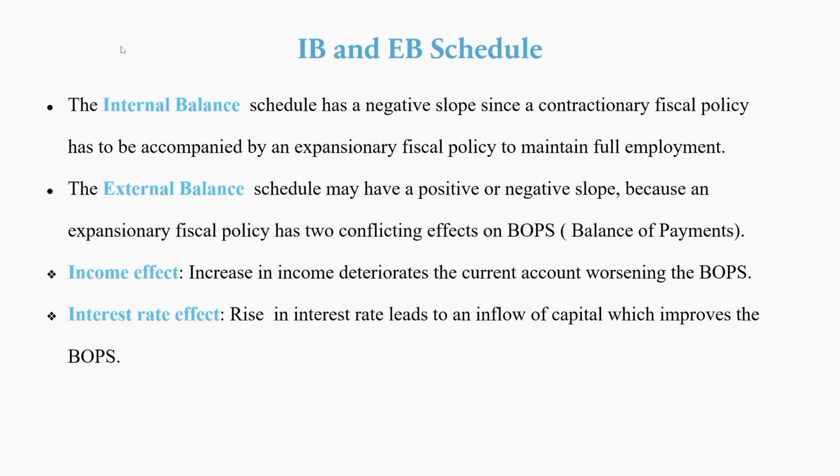The external balance schedule may have a positive or negative slope because an expansionary fiscal policy has two conflicting effects on the BOPs. Income effect: an increase in income deteriorates the current account, worsening the BOPs. Interest rate effect: a rise in interest rate leads to an inflow of capital, which improves the BOPs.